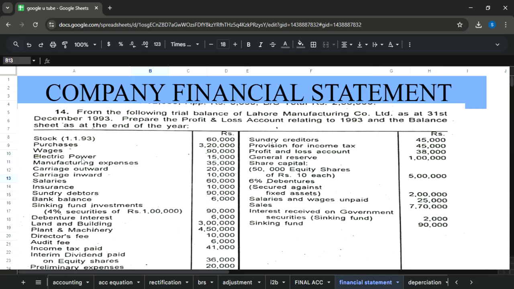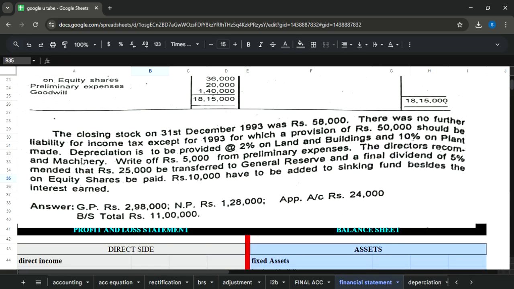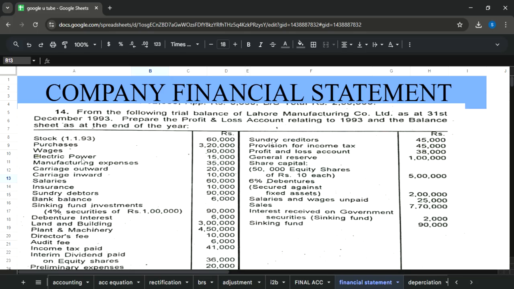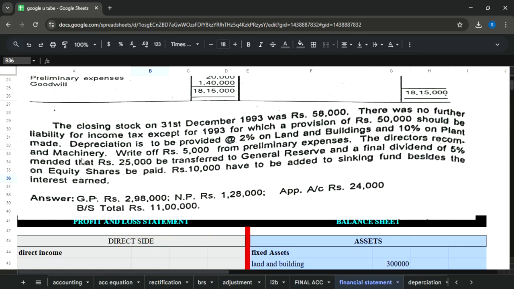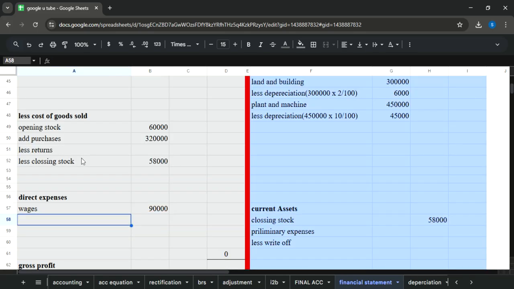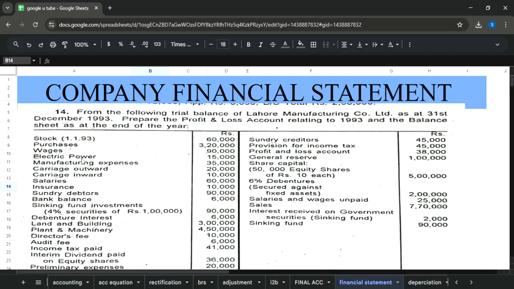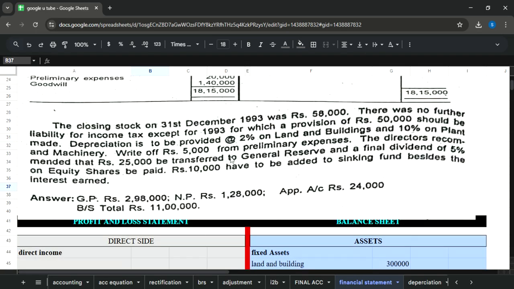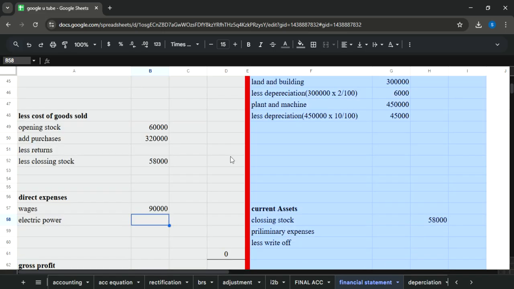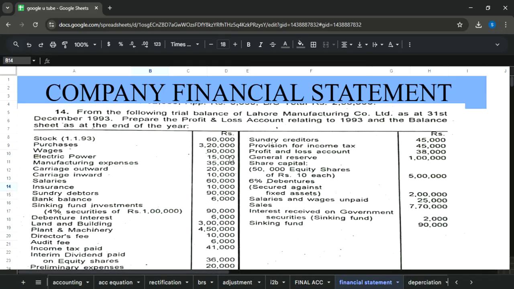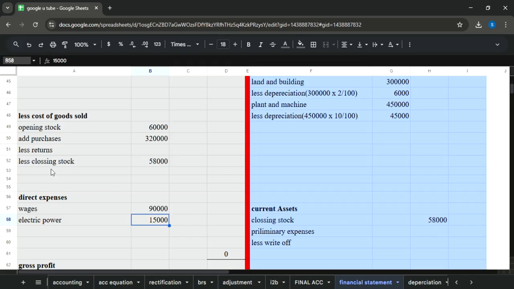Then electric power. So power is basically a direct expense. We can write electric power over here, the amount of which is 15,000. Let's put it in the direct expense side. Then we have manufacturing expenses.